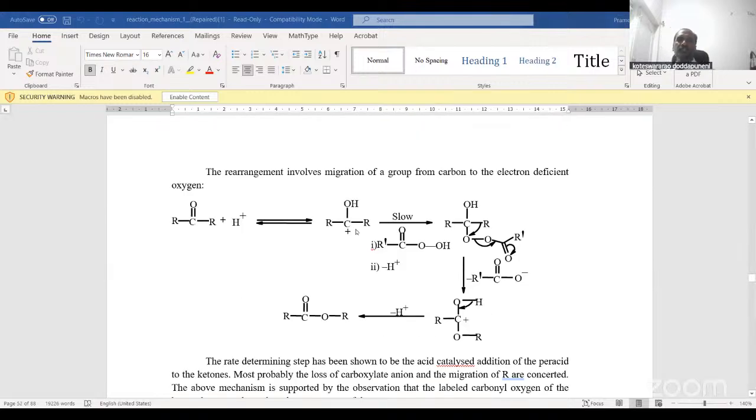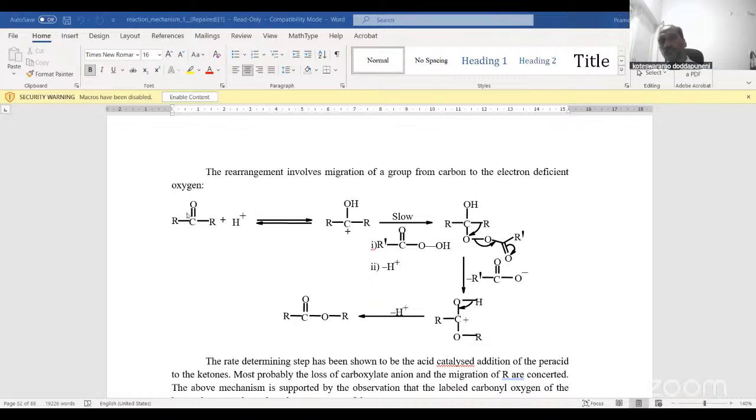The rearrangement involves migration of a group from carbon to an electron-deficient oxygen. The mechanism mainly involves insertion of that electron-deficient oxygen between the carbon and the alkyl group. First, the ketone interacts with the proton in the presence of acid.